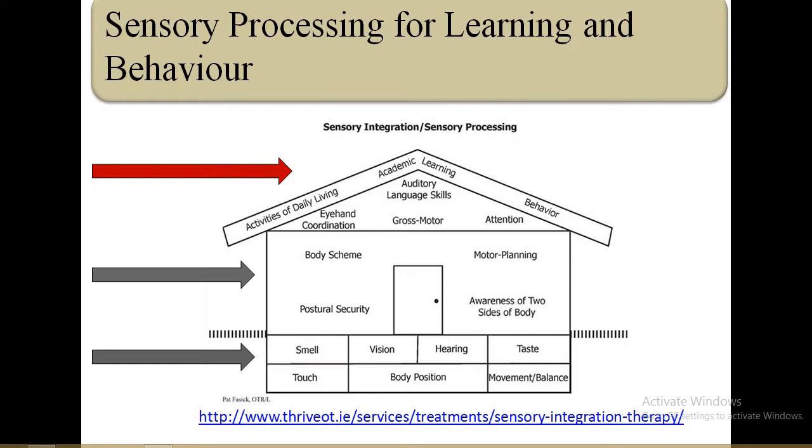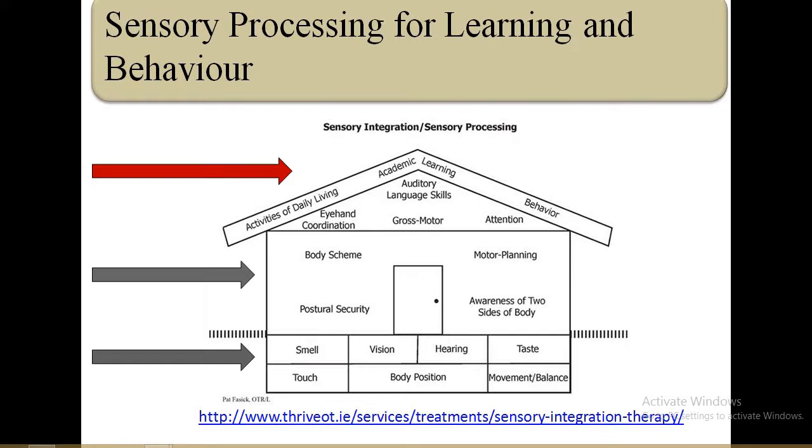So what are subcomponents? We can say all the sensations are actually subcomponents. As an example, in order to get good eye-hand coordination, we need a good integration of visual, proprioception, sense of joint movement, and tactile stimulations or sensations.